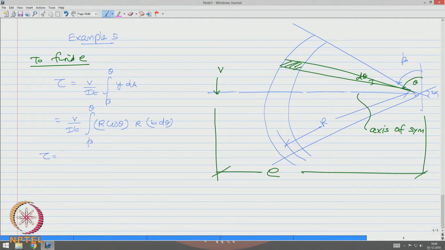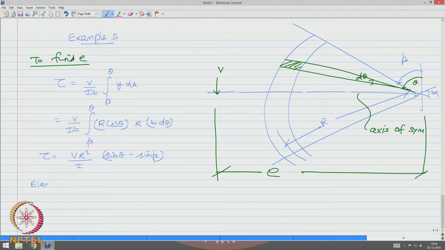Therefore, tau is V r square by I, sin theta minus sin beta after applying the limits.